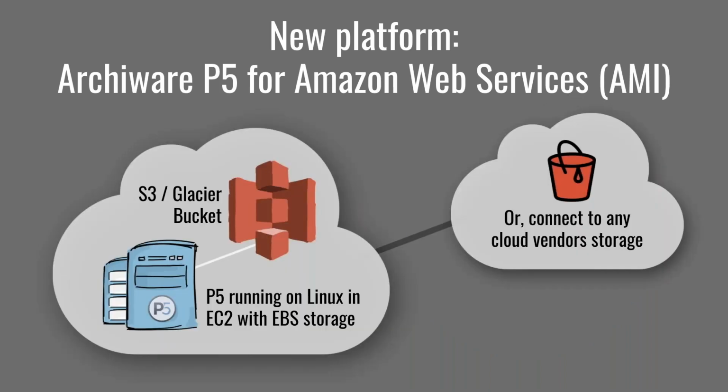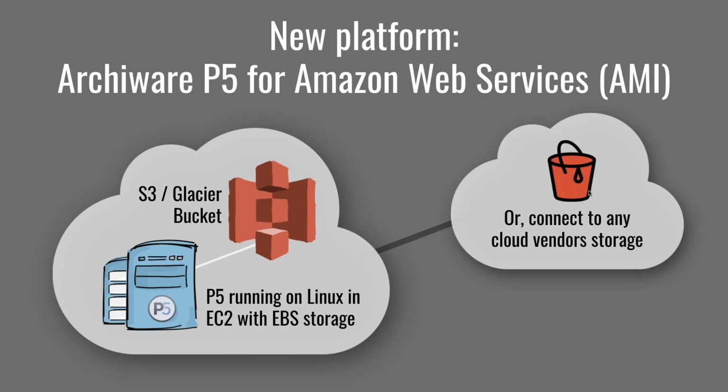So let's have a look at how this works. Here I'm just illustrating that in the Amazon cloud, that's the big cloud on the left, you can have your P5 host with storage writing to S3 or Glacier storage, all within Amazon's infrastructure, but you can also connect up to a different cloud vendor in the cloud on the right and use a bucket from Backblaze B2, Google, Azure, any one of those other cloud providers that we support.